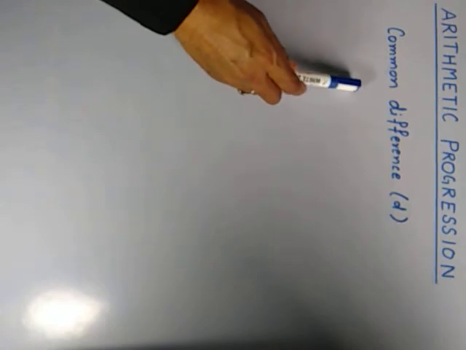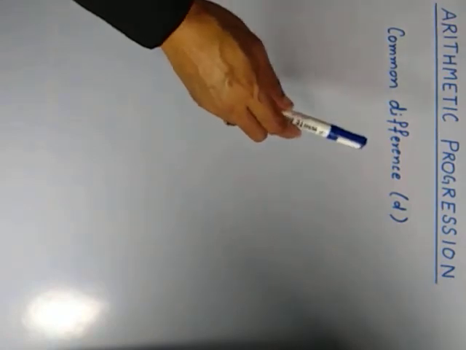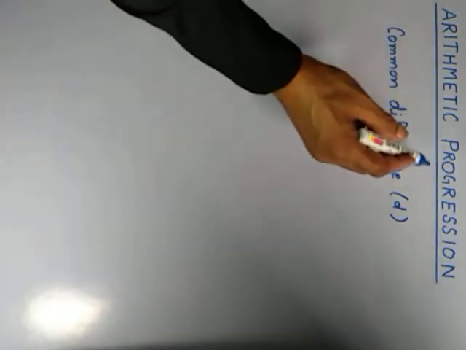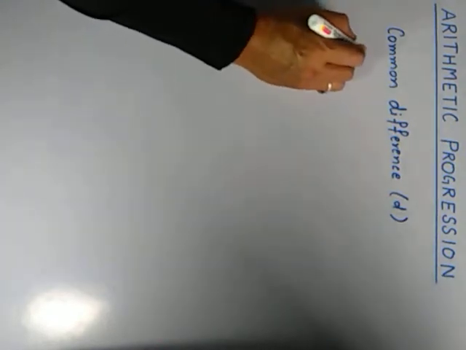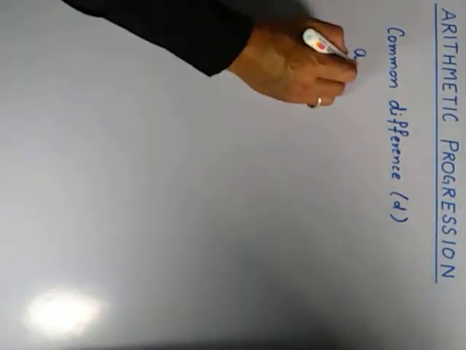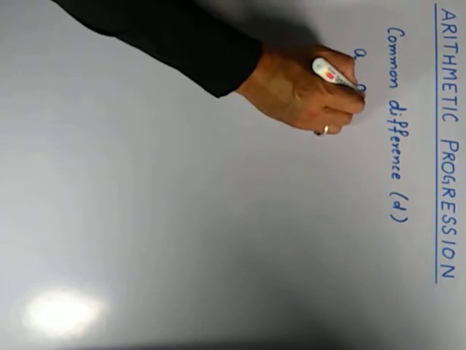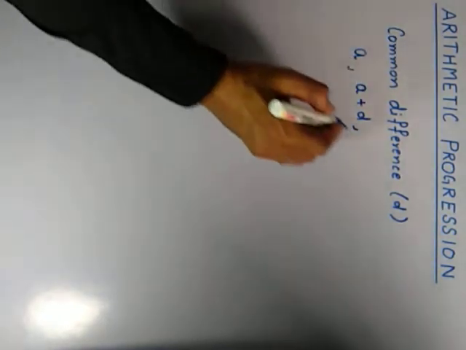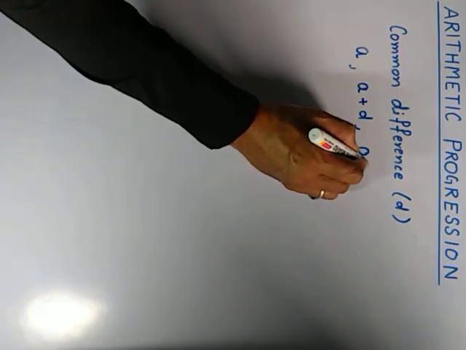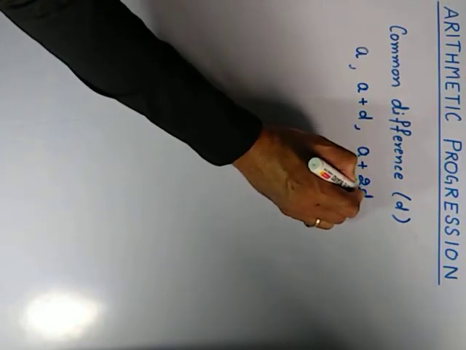Remember that common difference can be positive, negative or 0. So by this way, we can frame an arithmetic progression. For example, first term is A. So second term will be A plus D. Third term will be A plus 2D.